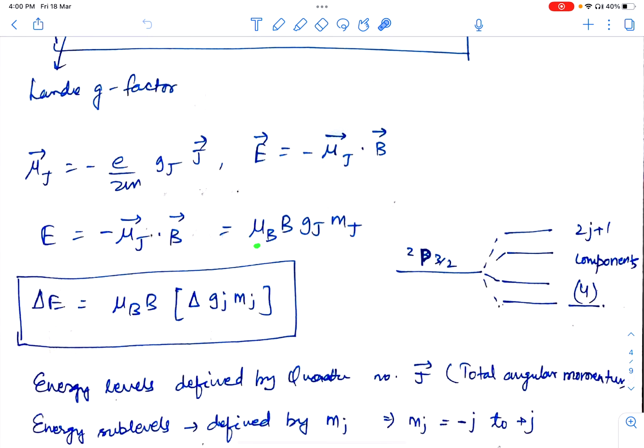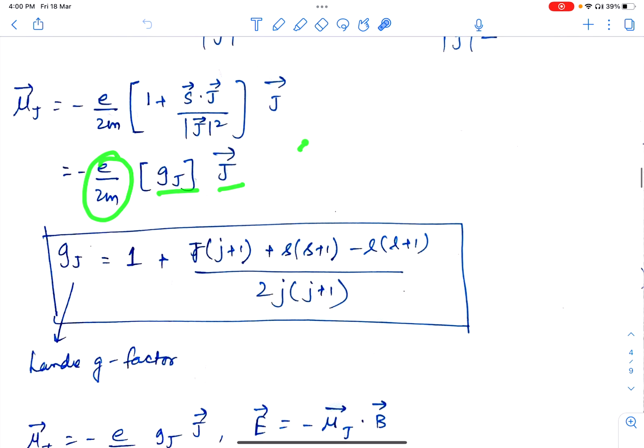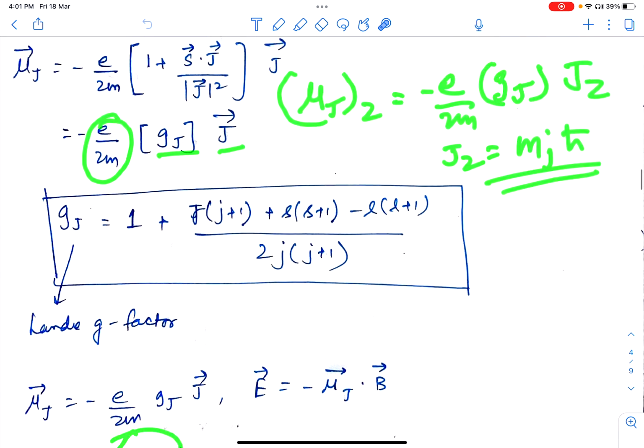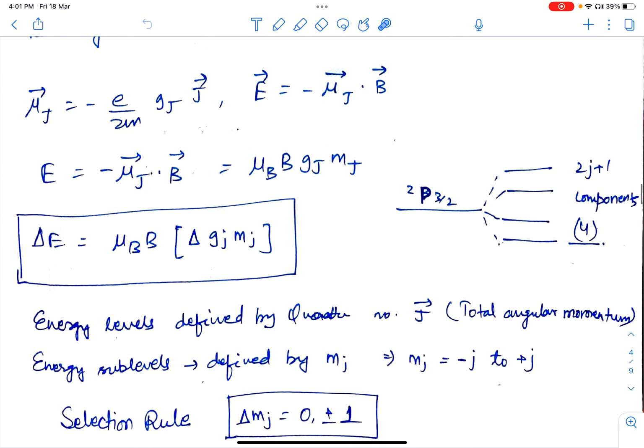This will be mu B GJ mJ, because we have calculated mu J from here: mu J is E by 2m GJ J. So when we take mu Jz, we have to take E by 2m, these are constants, GJ Jz. Jz is equal to mJ H cross, so we are putting it here. So this will be mu B GJ mJ.